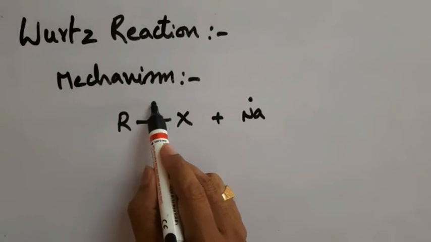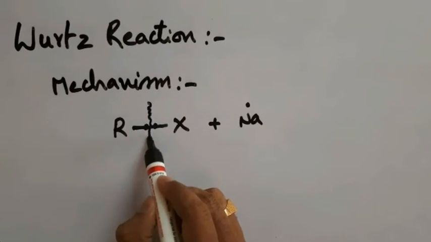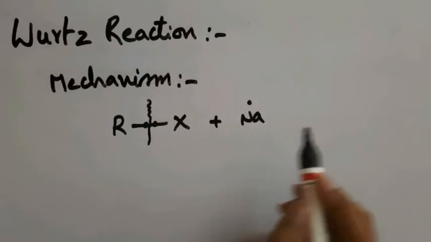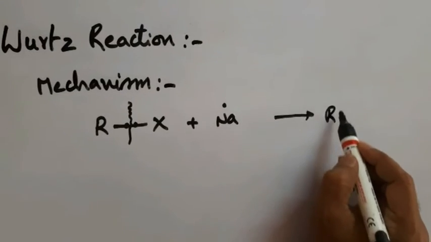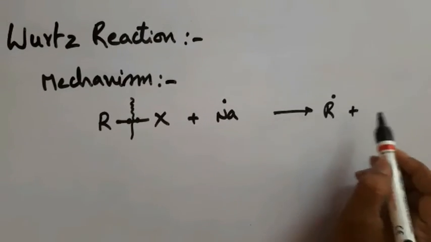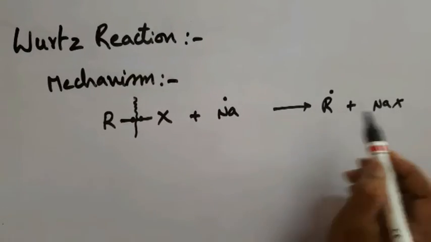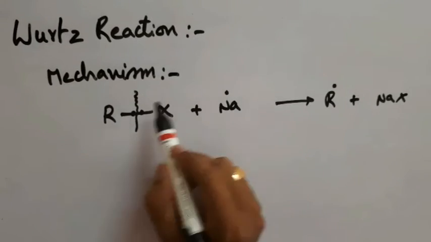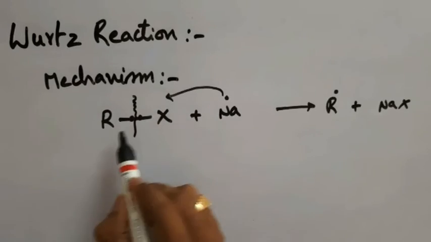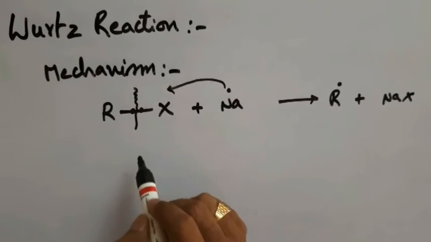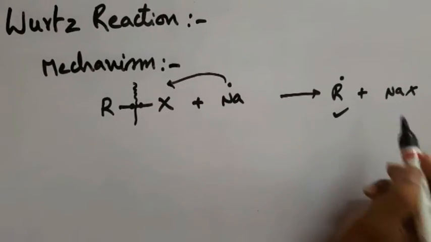Now there is a homolytic cleavage of this particular R-X bond to give you an alkyl free radical plus NaX. So when this sodium approaches the alkyl halide molecule, it cleaves the R-X bond homolytically to generate an alkyl free radical.